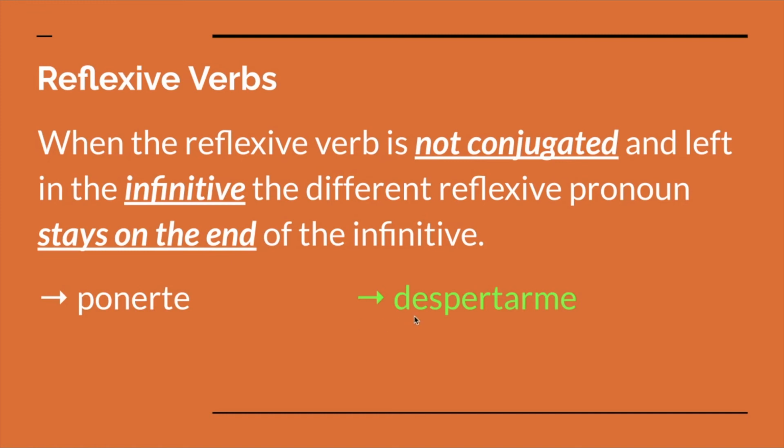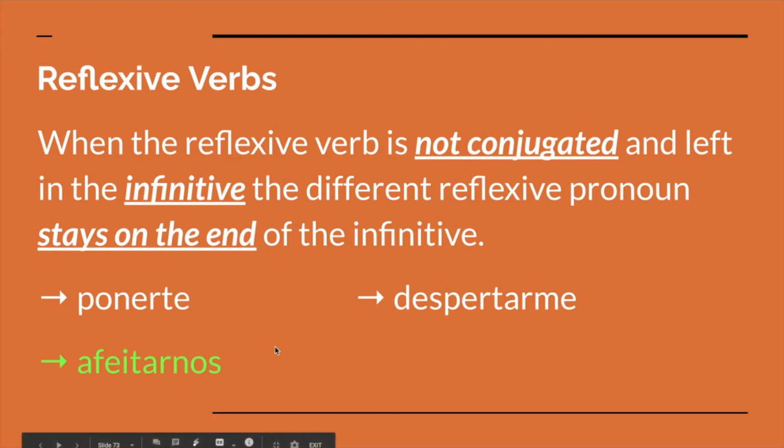So it's unconjugated. All we're doing is changing the ending. And then afeitarnos, that means like to shave ourselves. So with this R right here, we're leaving it. That means like to put yourself, to wake myself, to shave ourselves.